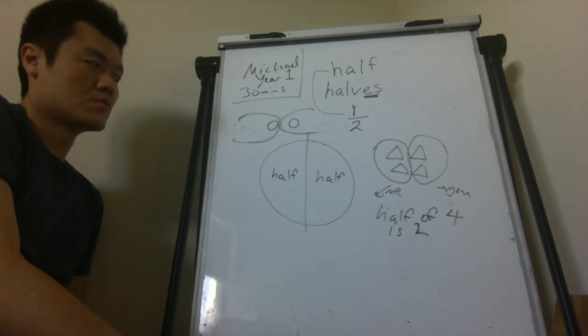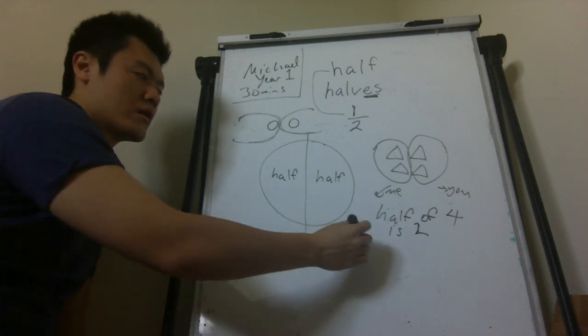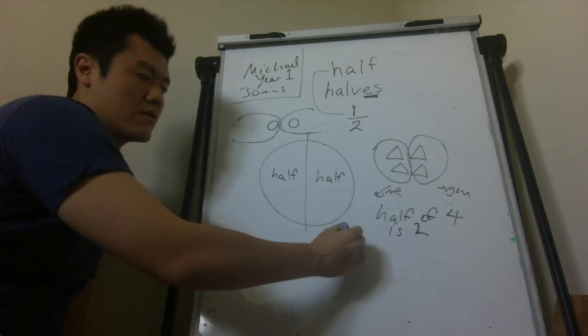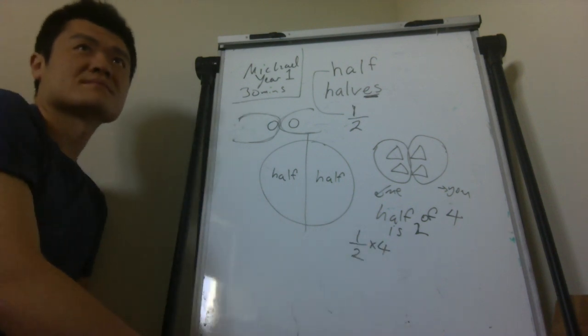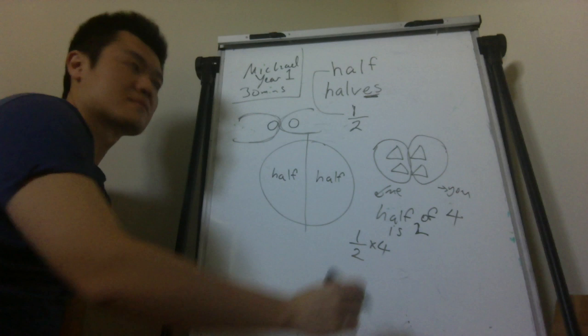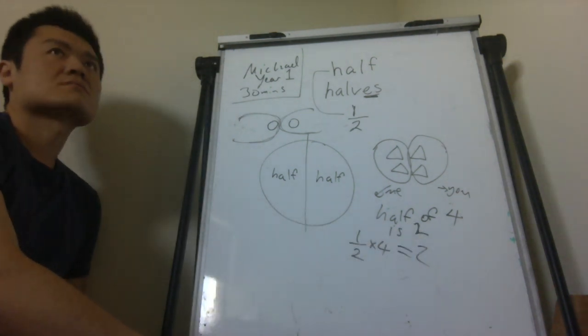So one way we can express this, when we say half of 4, is what we mean when we say multiplication by half. So we can say half times 4 equals 2. We can also do 6 and then we can split it to 3.